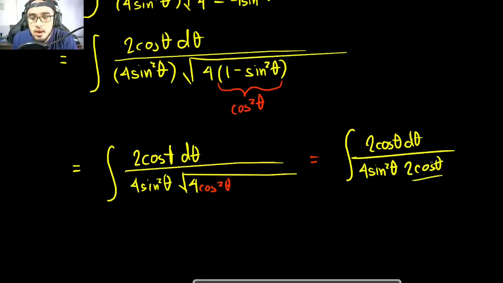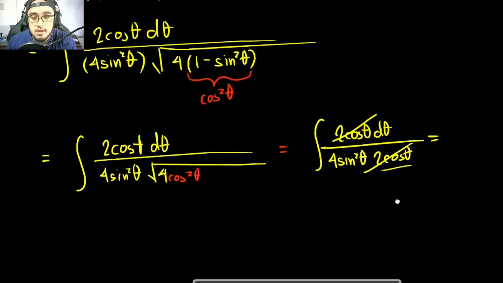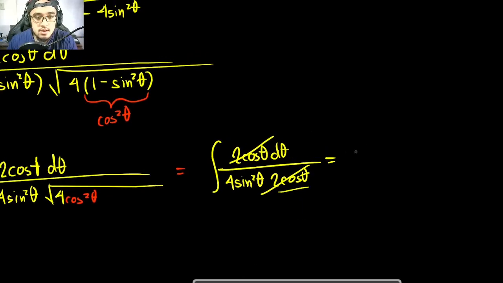So from that, we can cancel these terms right here since they are similar, and we will now be having this equation instead. This is now equal to the integral of d theta divided by 4 sine squared theta.